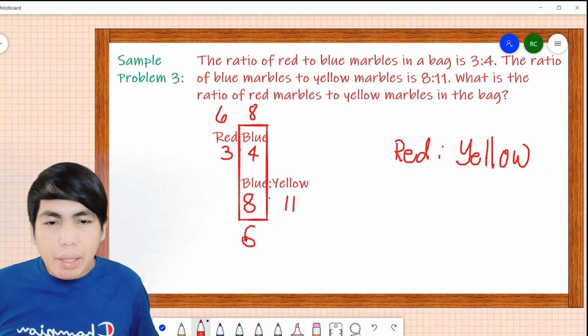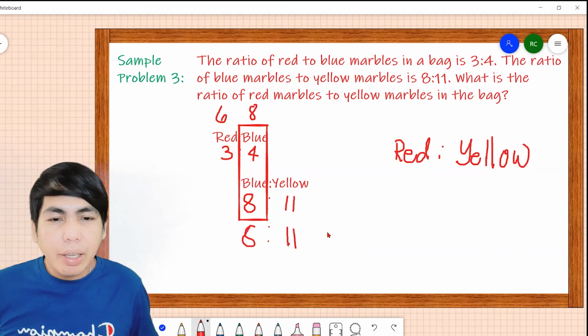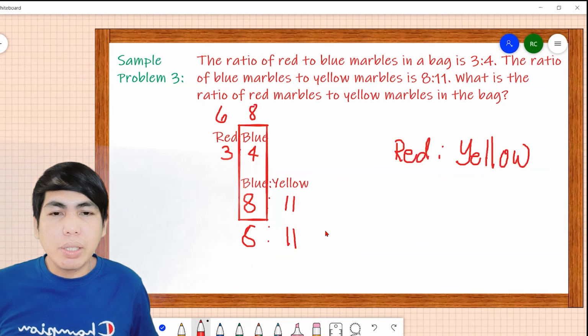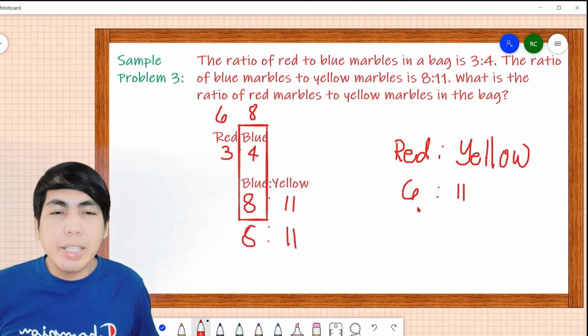If there are 8 blue marbles, we know that there are 11 yellow marbles. So meaning to say that the ratio of red to yellow is 6:11. Or there are 6 red marbles for every 11 yellow marbles.